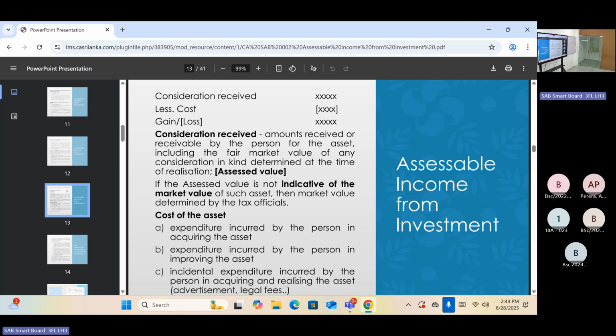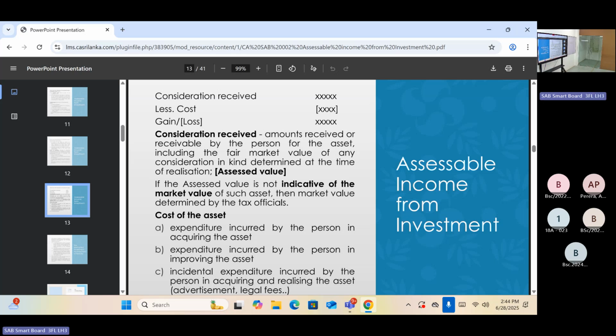But for the tax purpose, because the land was purchased prior to 30th September 2017, the market value as of 30th September 2017 can be considered as the acquisition cost of the property. Therefore, the gain from the realization of this asset is 10 million. Otherwise, it is very unfair.